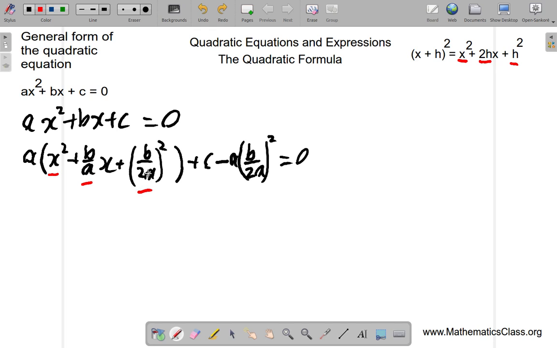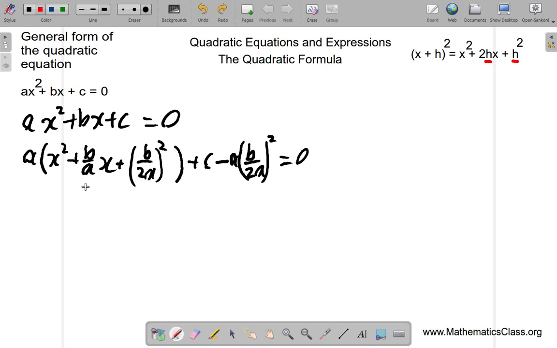Good. It's well set. Now, what we're going to have to do is rewrite it in this form. The h, half of that number, is h, and we had h squared.